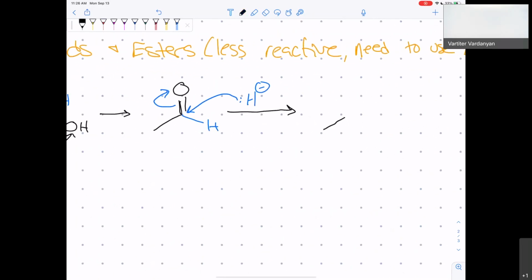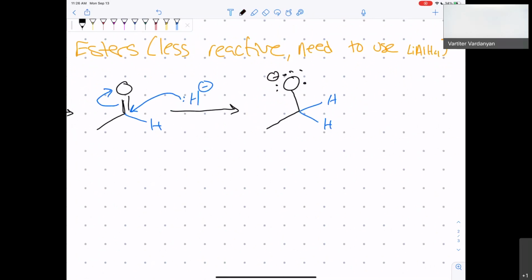And we get a minus. So now what do we want to do? Protonate. We have H2O, protonate, and we get something we've never seen before, a primary alcohol.